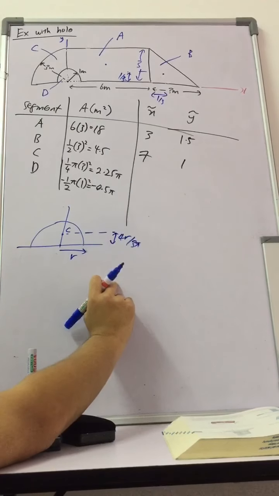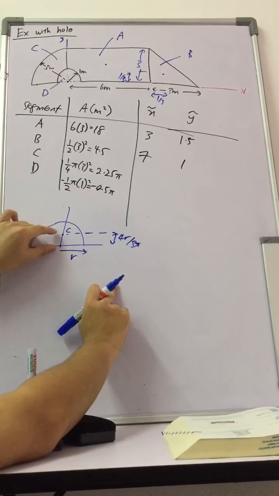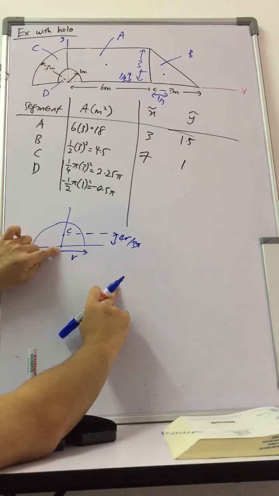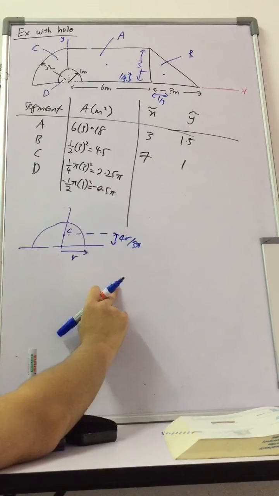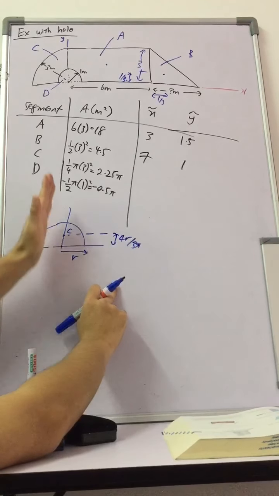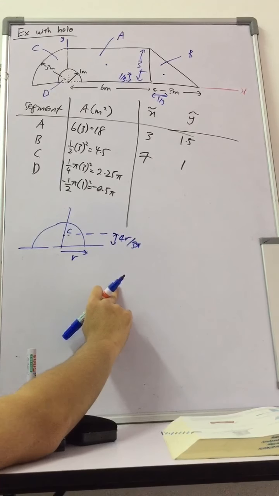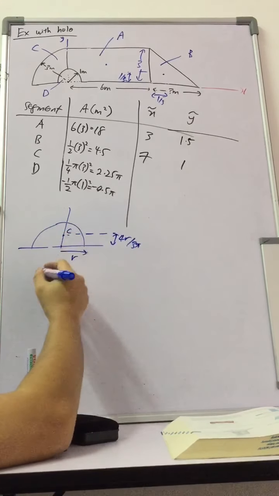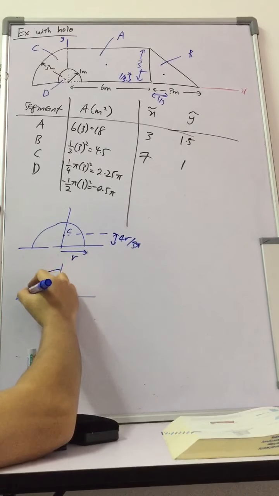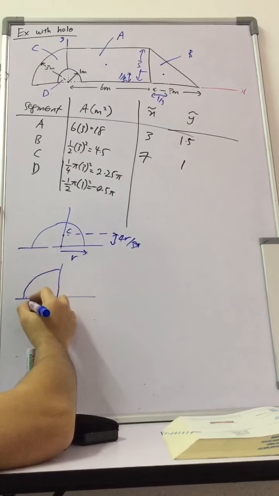What is the value of your r? From the center of the circle of the semicircle to the centroid, it is 4r/3 pi. But it is still just above the center, right? Now, if you have a quarter circle, what happens with the radius r? Okay, this is radius r.